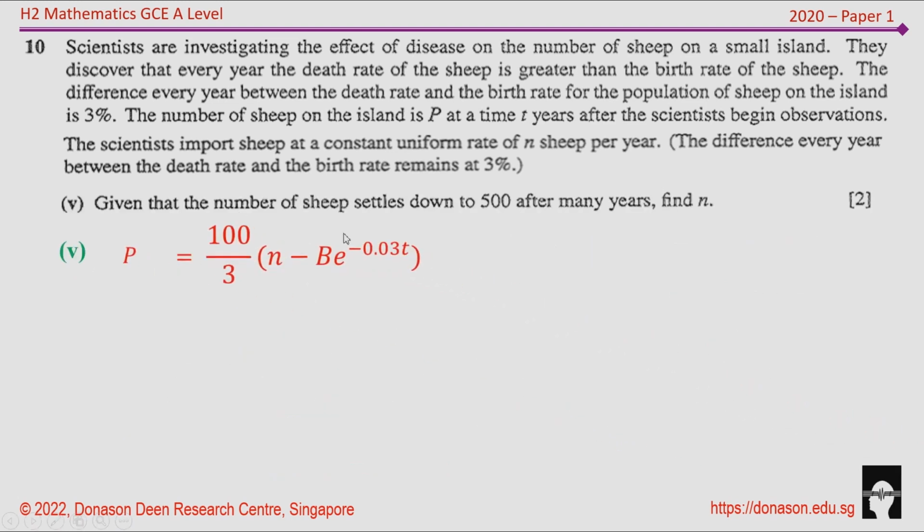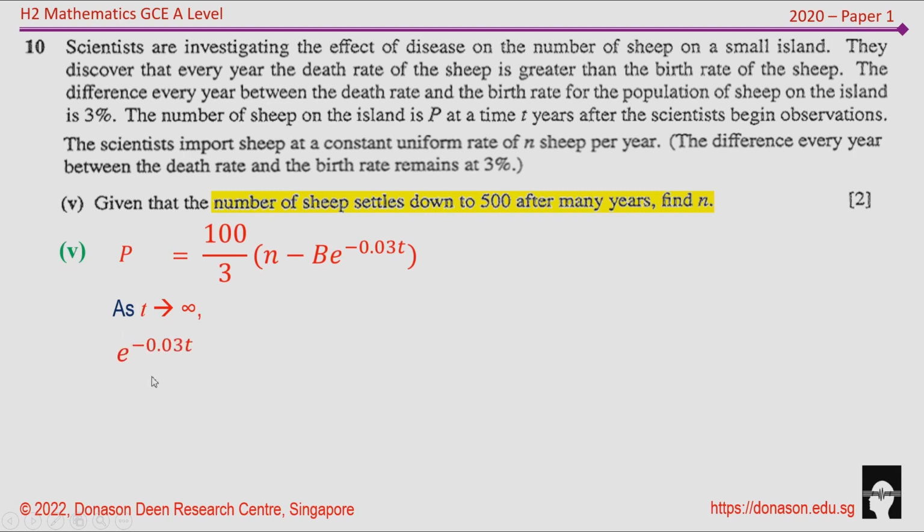Given that the number of sheep settled down to 500 after many years, we are supposed to find the value of n, that means how many sheep were introduced per year, so that the number of sheep settled down to 500. So as t tends to infinity, your p tends to 500.